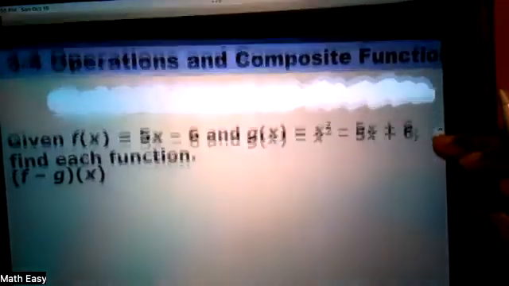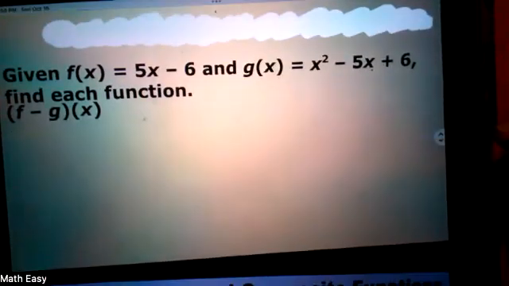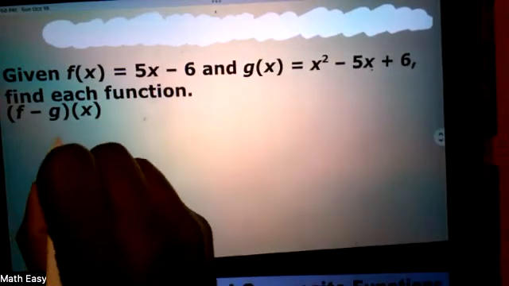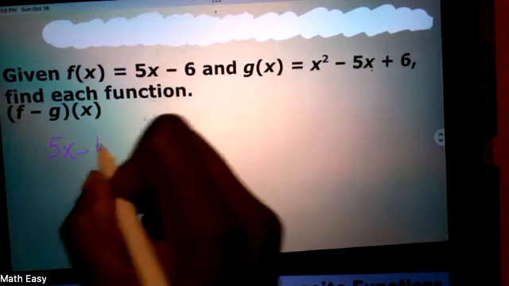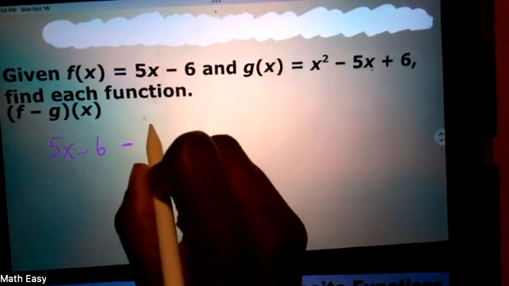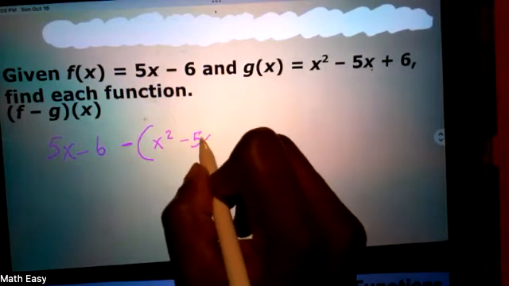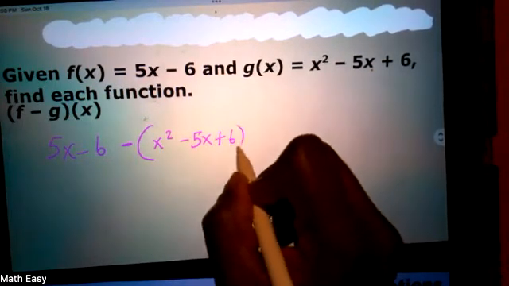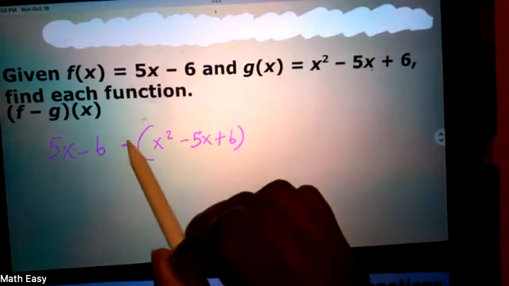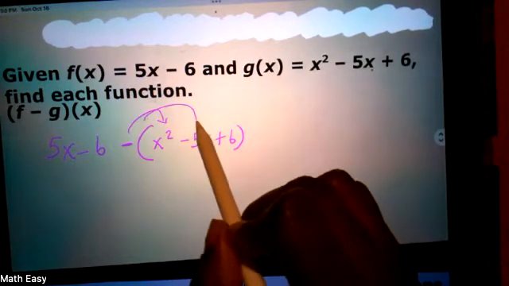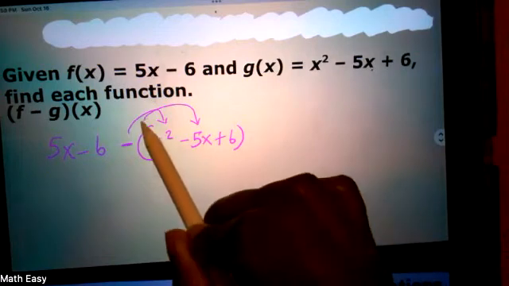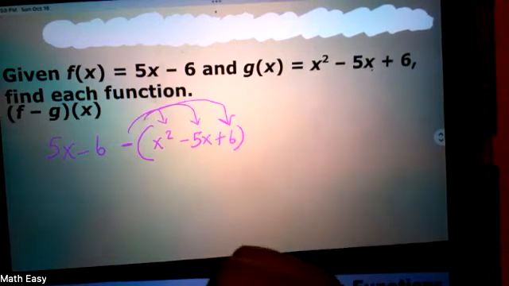Going a bit further, we need to do a subtraction on that. So we have 5x minus 6, and we're going to subtract. Don't forget to put your parentheses because the negative will be distributed over the entire expression. So negative x squared, negative times negative 5x will give us positive 5x, and negative 6 becomes positive 6.